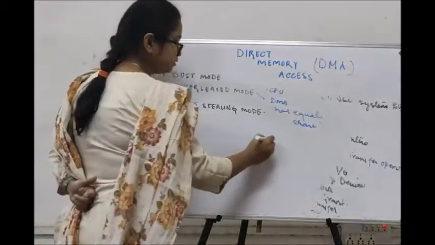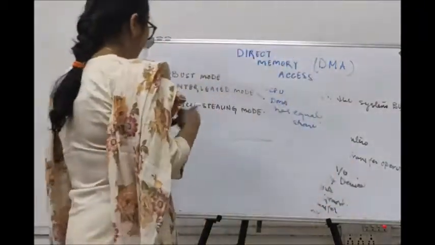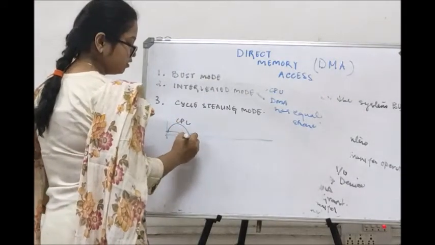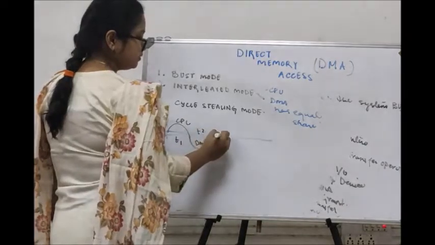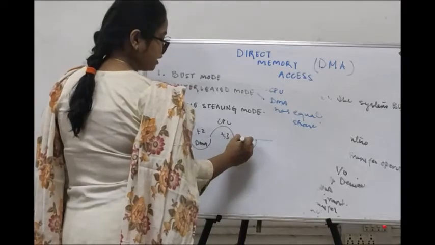That means in such a case, if T1 is used by CPU, then T2 will be used by DMA. Similarly, if T3 is used by CPU, then T4 is used by DMA.